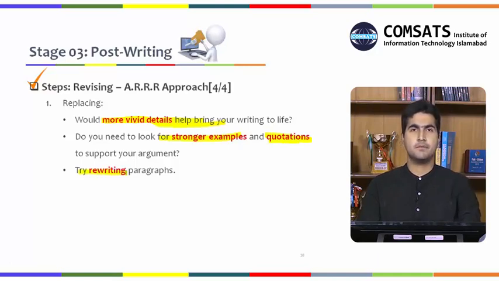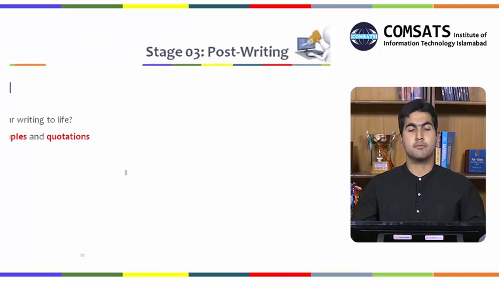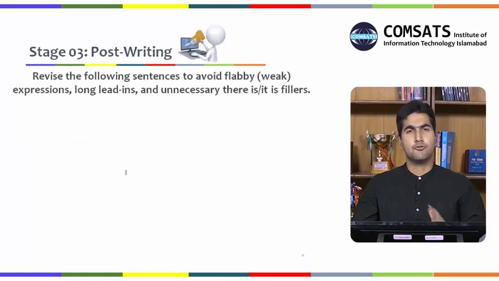After studying this stage of revising and the A3R approach, we are now going to look at some examples to see how we can bring a change by this strategy of revision. This comparison will show you the difference, and you'll be involved in this exercise as well.